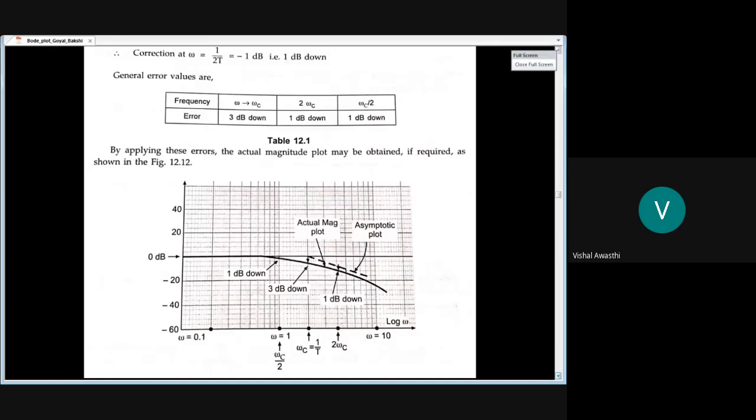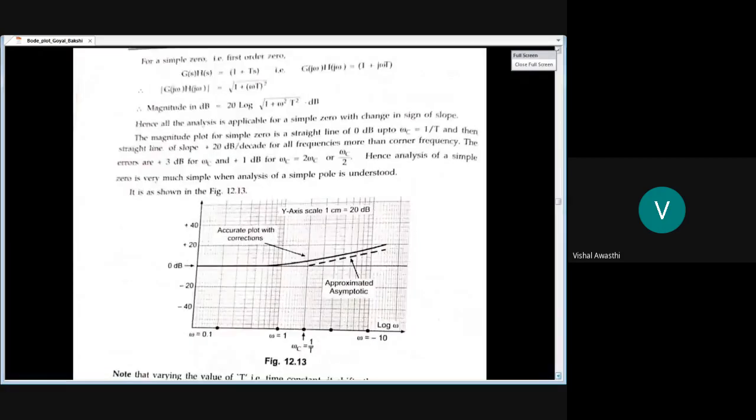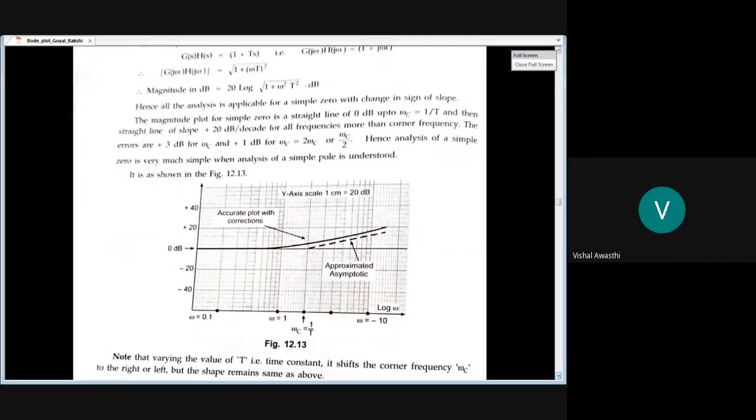This is 3 dB down. At 2 omega c, it is nearly 1 dB down. So this is overall a variation in the approximation, right? Similarly, we can have simple zeros.